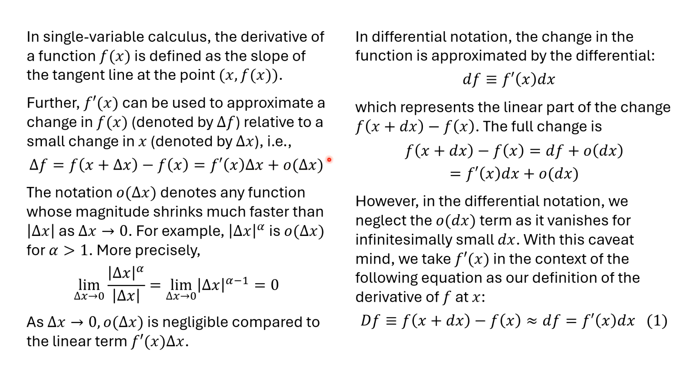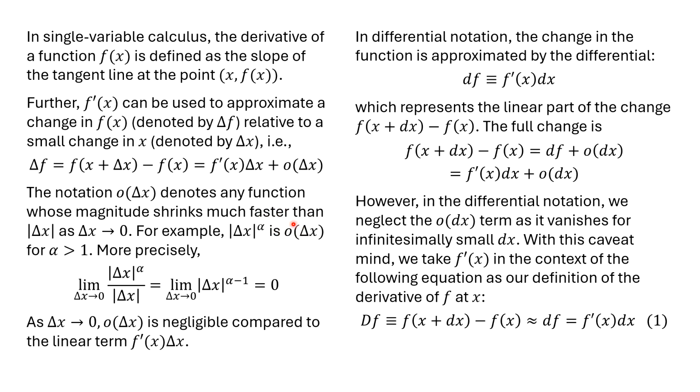And they're typically ignored or explained away in different presentations, which I'm going to actually do here also. So more formally, the notation little o of delta x denotes any function whose magnitude shrinks much faster than the absolute value of delta x as delta x goes to zero. And I have an example here for the absolute value of delta x raised to alpha.